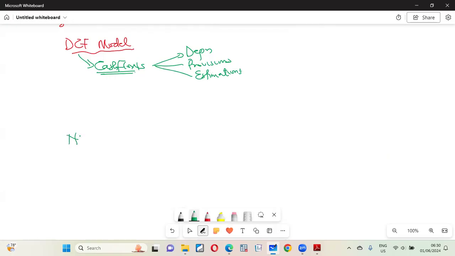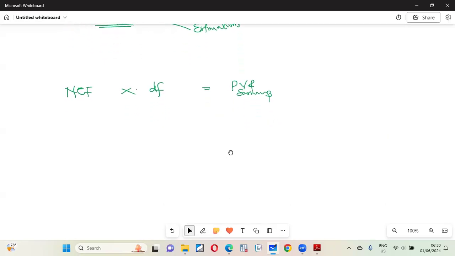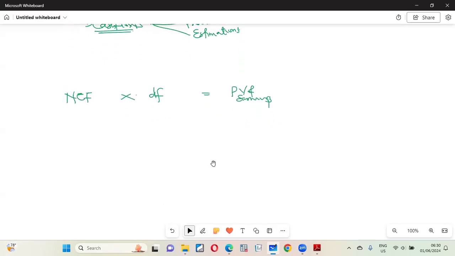Once you get the net cash flows, then you discount them. You apply the discount factor, so the net cash flow multiplied by the discount factor will give you the present values of the earnings. And that is the value of a business. If you want the value of the business per se, you do that.